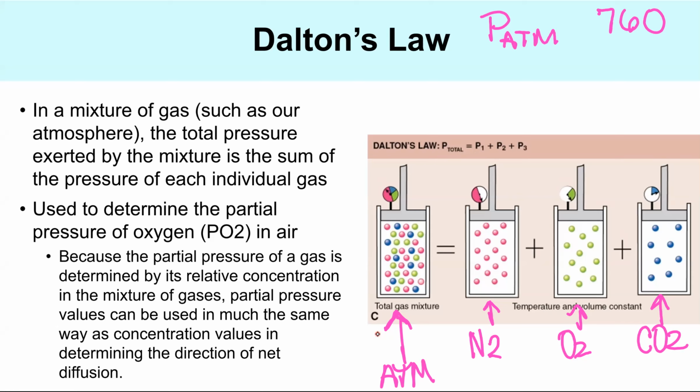Okay, and so because the partial pressure of a gas is determined by how much of the gas is actually present, then partial pressures can be used in much the same way as concentration values in determining also the direction of net diffusion.